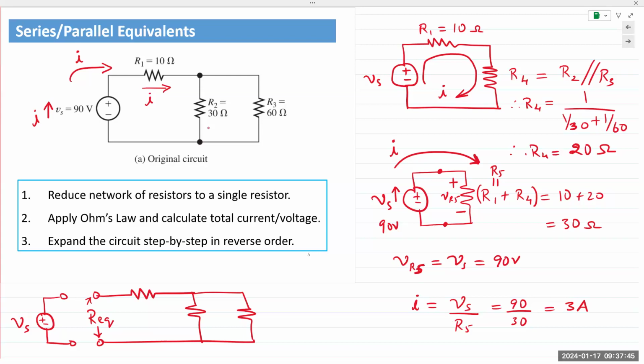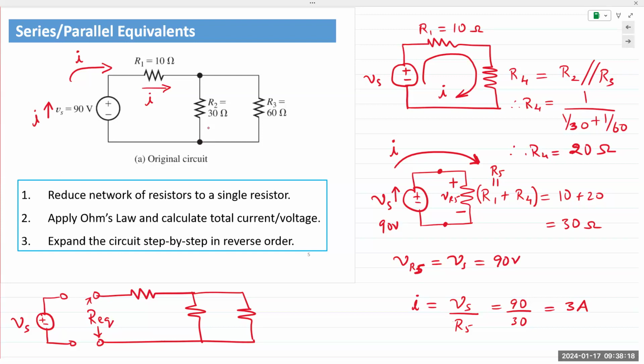You guys with me so far? Now, since I know the voltage across R4, I take it one step further in the reverse order. The reverse order would be here, which is R2 and R3. Once I calculated VR4 and I know that voltage, it's the parallel combination of R2 and R3, meaning the same voltage appears across R2 as well as R3.